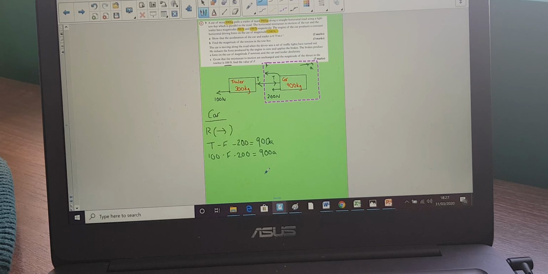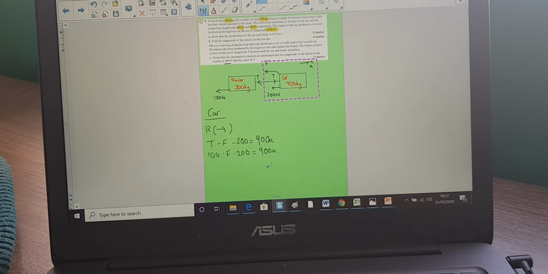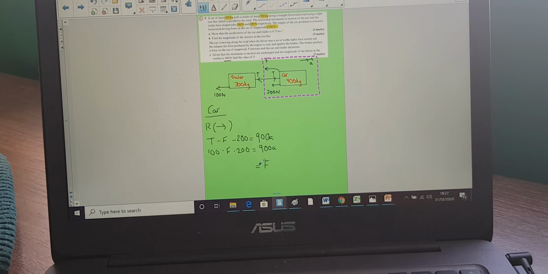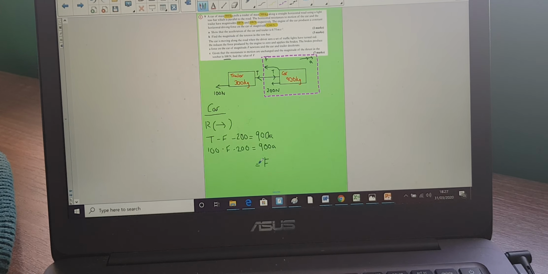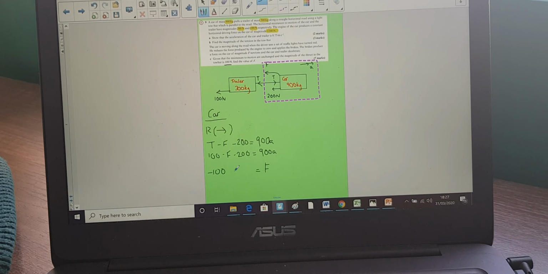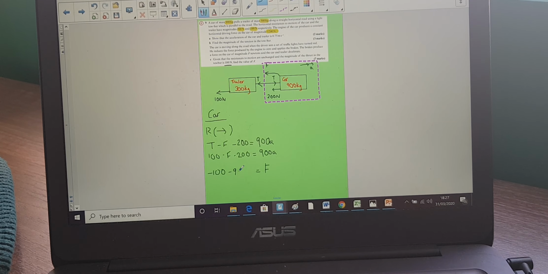Then what I'd quite like to do is just rearrange. So I'm just going to put F here. So I now have F equals minus 100, because that's what 100 take away 200 would be, minus 100 and minus 900A. Well, that doesn't help me, has it?